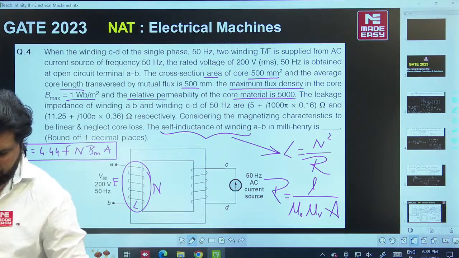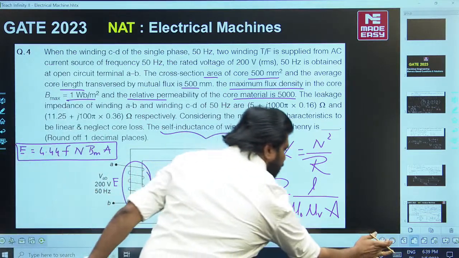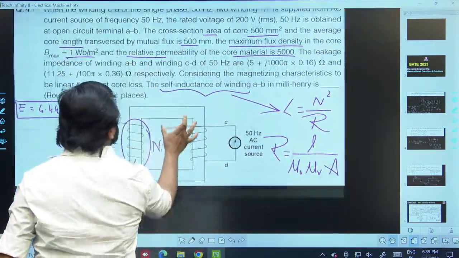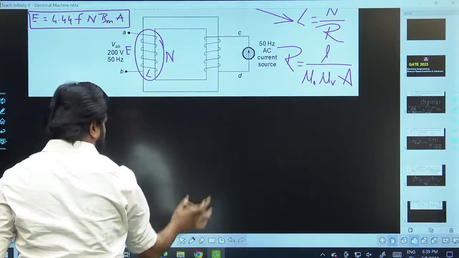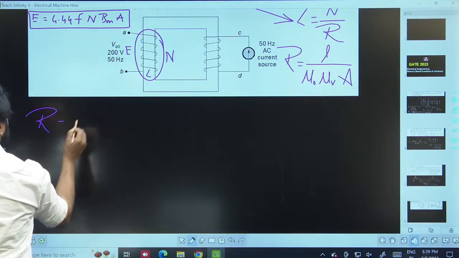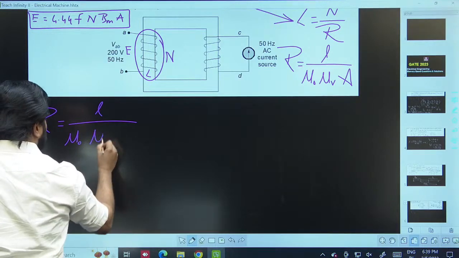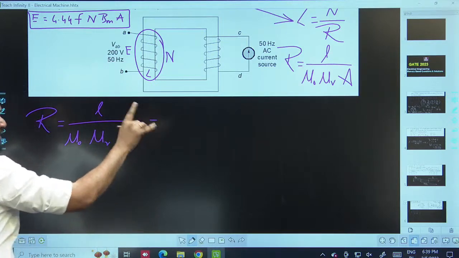So if you first substitute R, length by mu naught mu r A, direct data substitution only.